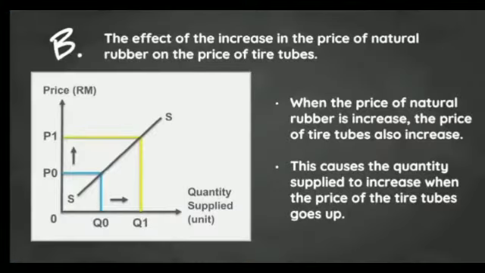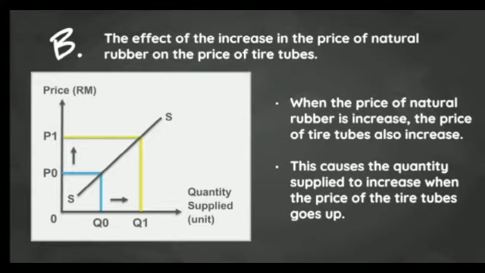Using a supply and demand diagram, explain the effect of the increase in the price of natural rubber on the price of tire tube. When the price of natural rubber is increased, the price of tire tube also increases. This causes the quantity supplied to increase when the price of tire tubes goes up.